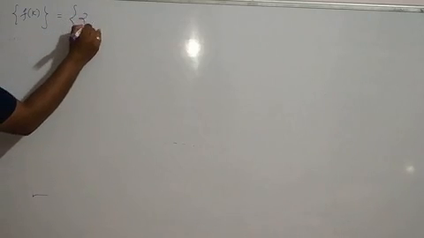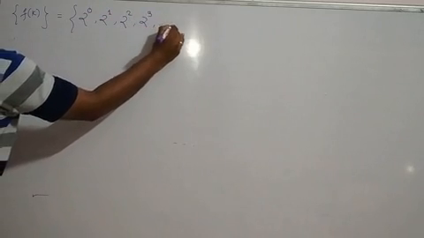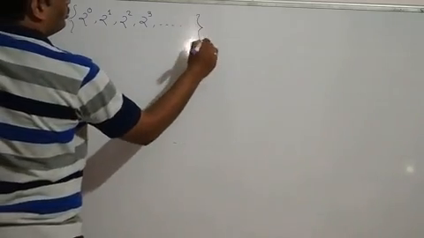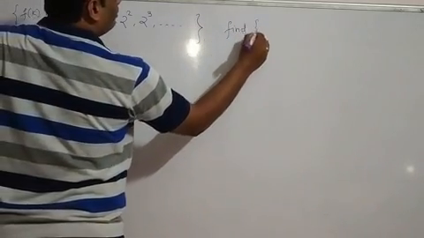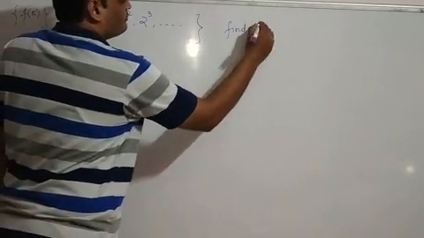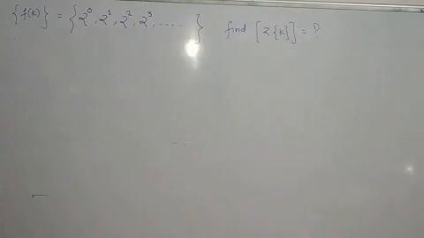So here is the first example. The question is: if a sequence f of k is equal to 2 raised to 0, 2 raised to 1, 2 raised to 2, 2 raised to 3, up to infinity, find Z of f of k is equal to question mark.